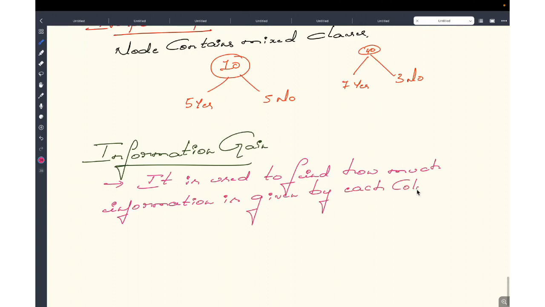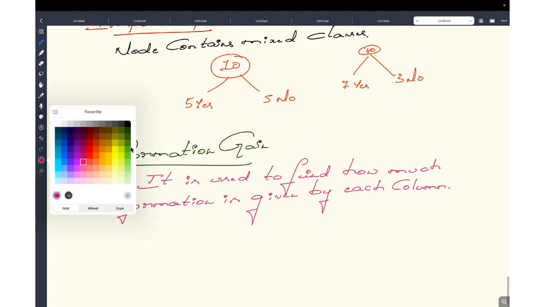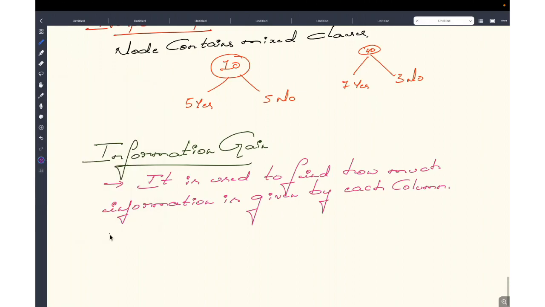Now the question is, once you find information gain for all the columns, how do you decide which one will be the root node? What should be the condition? Should information gain be high or low? It should be high, obviously, because the root node is the main one which represents the entire information.